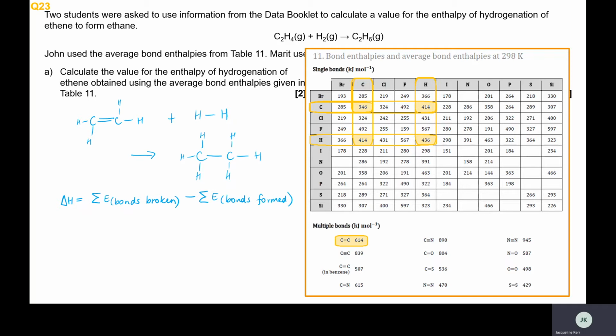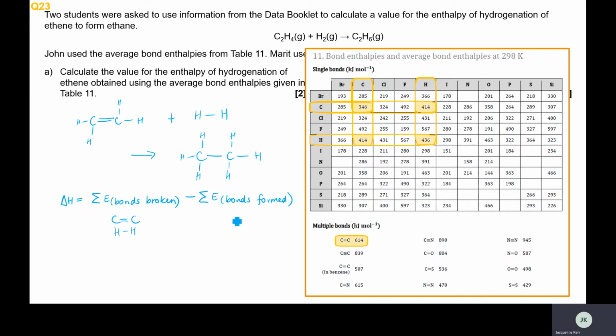So here, our bonds broken, we are breaking a carbon-carbon double bond. And don't forget our hydrogen gas, that's the thing that people are most likely to forget, the actual gas you're reacting it with. So we're breaking apart that diatomic hydrogen here. So there are our bonds broken.